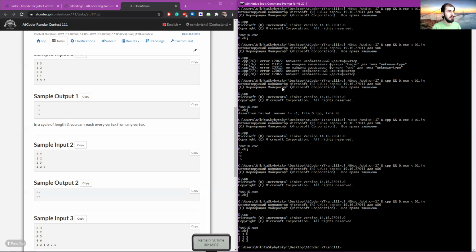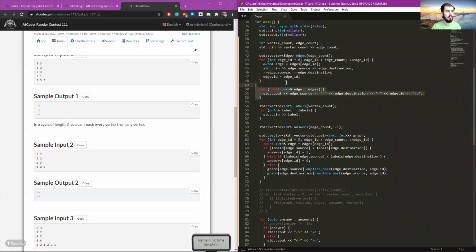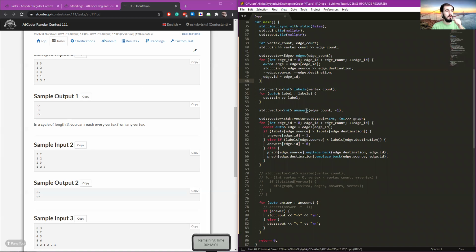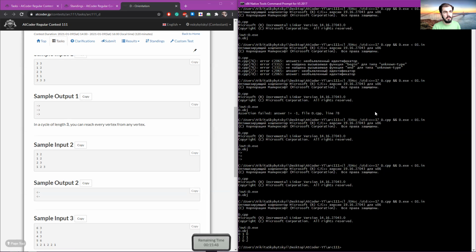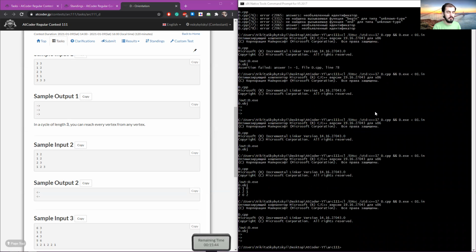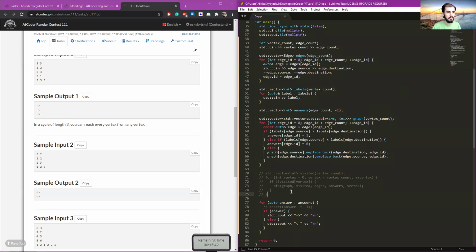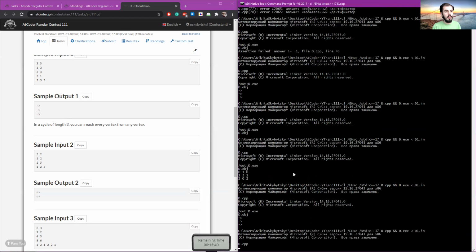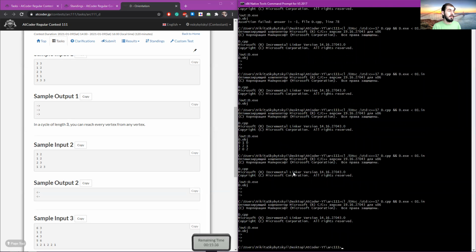So edges are, we read edges correctly. Apparently we should read vertices correctly. Oh, of course, vertex count, what I was thinking. Okay, now it does not fail. And what if we do DFS?